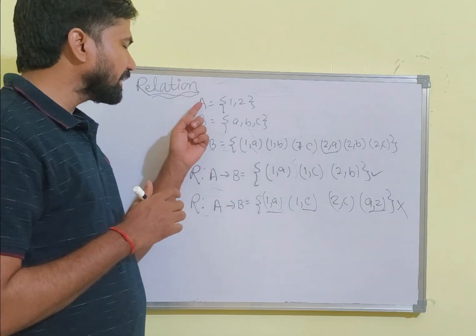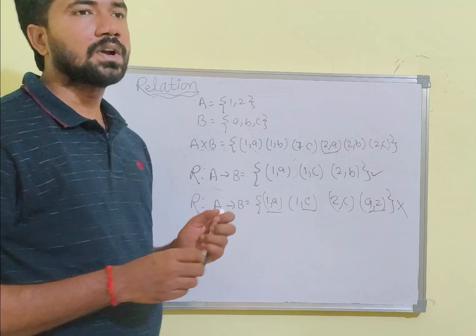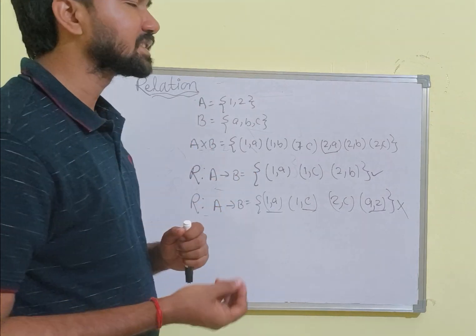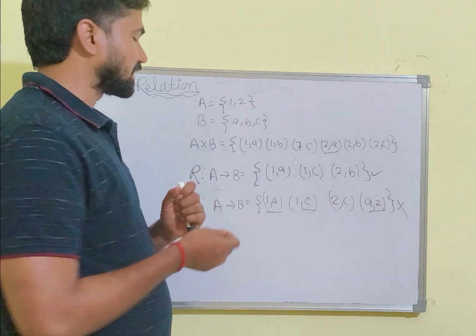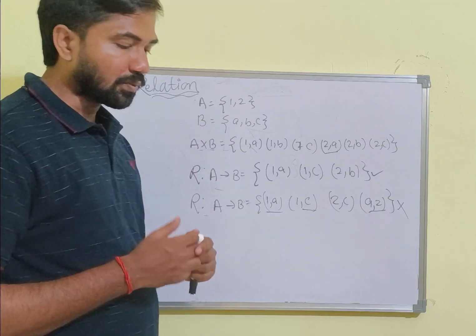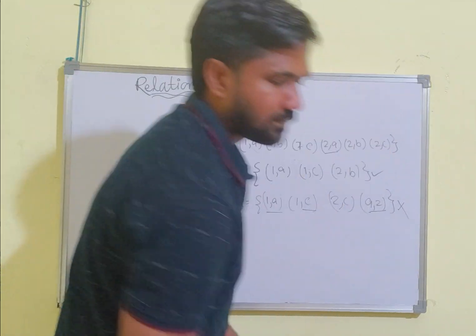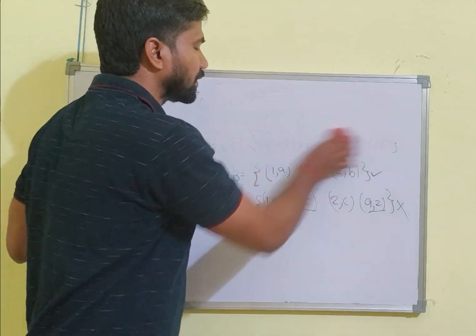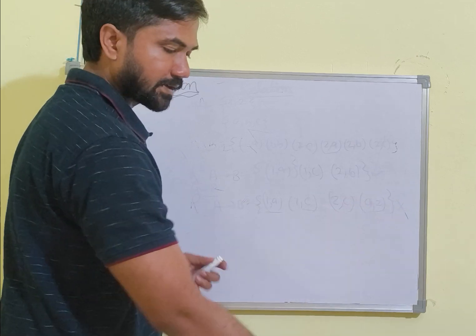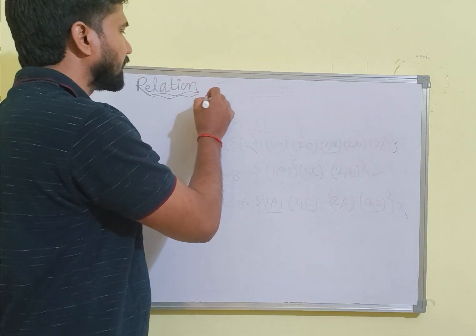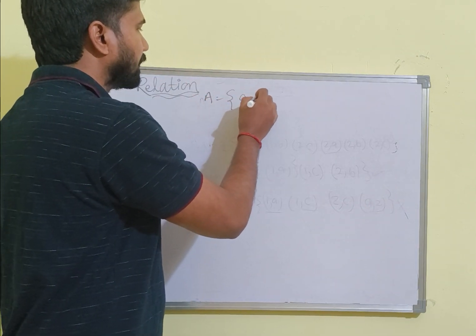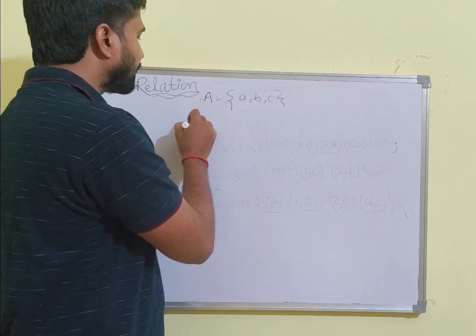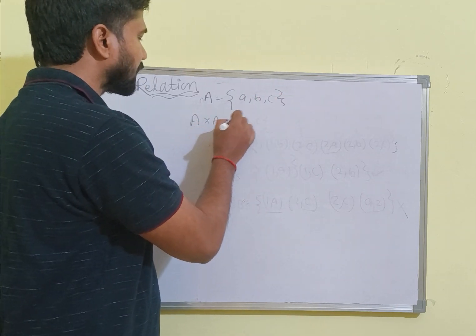Now, here we took two sets. Now we are going to take only one set, a relation from A to A. Let's take only this set A = {a, b, c}. We are going to check A cross A. If we find A cross A, what will come?